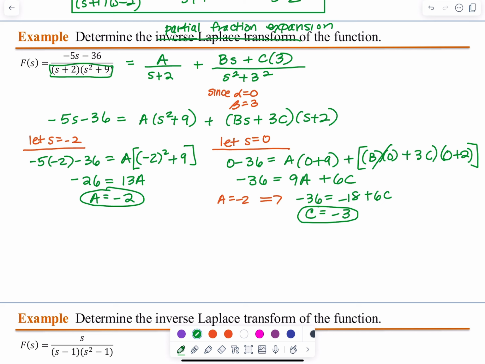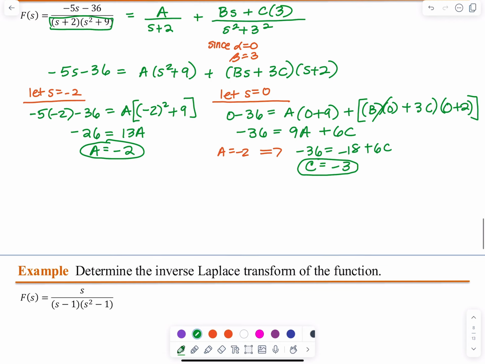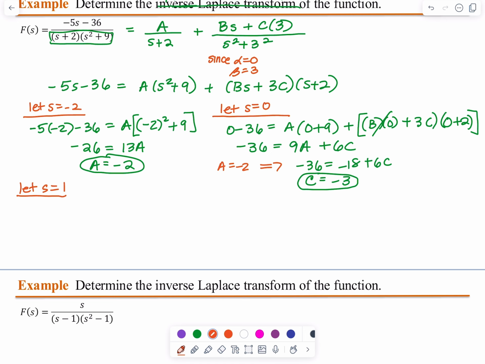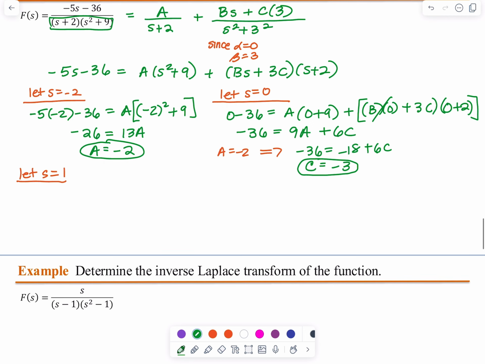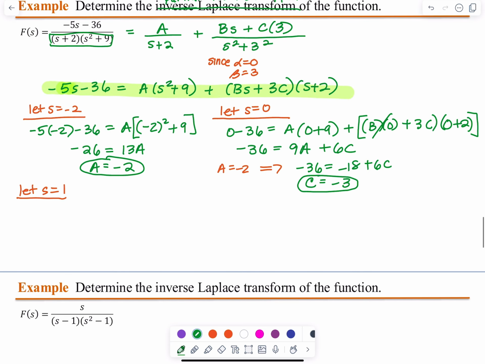And now we could do the same thing. Now let's let s equal to 1. So when we let s equal to 1, we have nice, simple computations. So again, we are using this equation right here. And you could let s be anything you like.